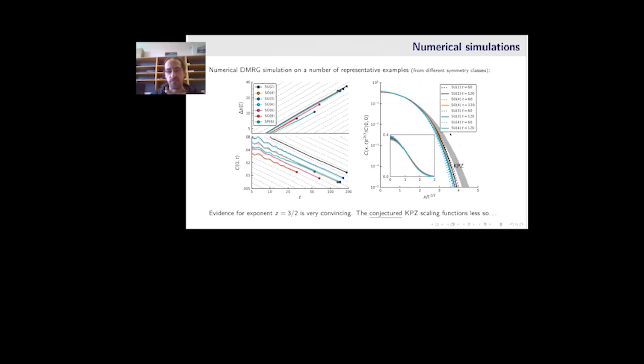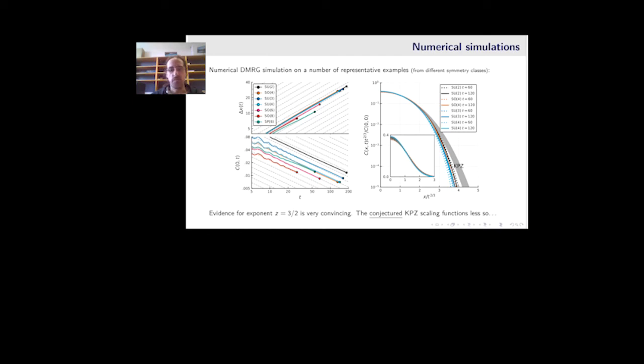Final slide. So I presented the argument for this anomalous exponent, but in the beginning I told you that numerics indicates that this transport law belongs to the KPZ universality class.